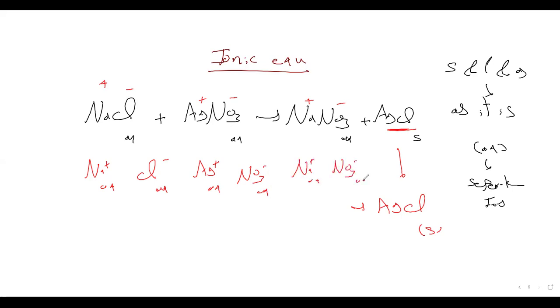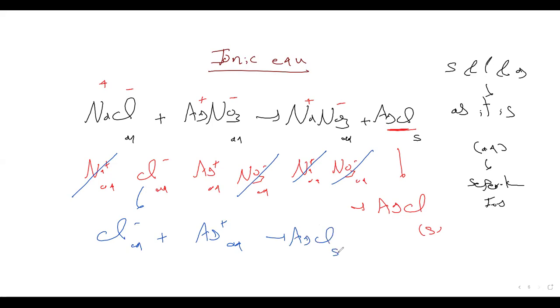Na positive, aqueous, and NO3 negative, aqueous. The repeated ions, called spectator ions, will be cancelled: Na positive with Na positive, NO3 negative with NO3 negative. So the remaining Cl negative aqueous plus Ag positive aqueous forms AgCl as a solid.